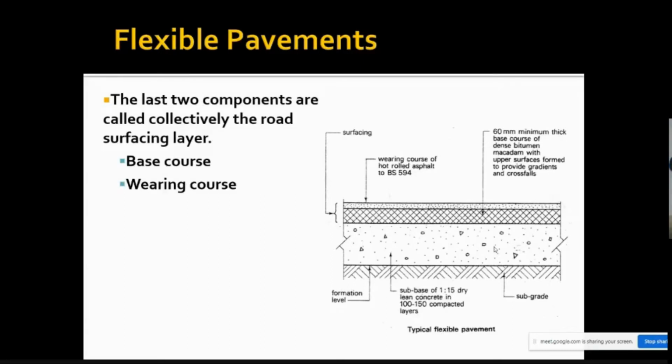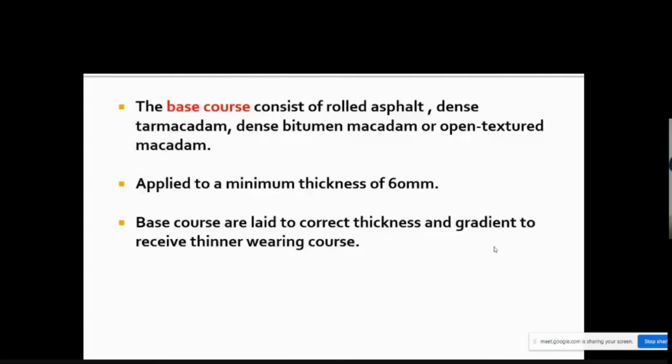The last two components are called collectively the road surface layer. You have the base course and wearing course. That's the top layers, the layers near the top that you drive on. The base course consists of rolled asphalt, dense tar macadam, dense bitumen macadam or open texture macadam. The most common one you've heard is the tar macadam.